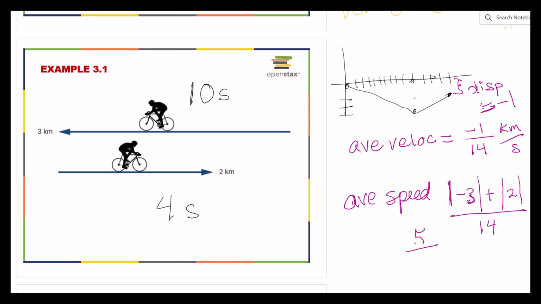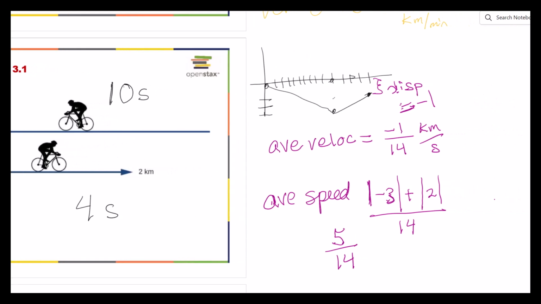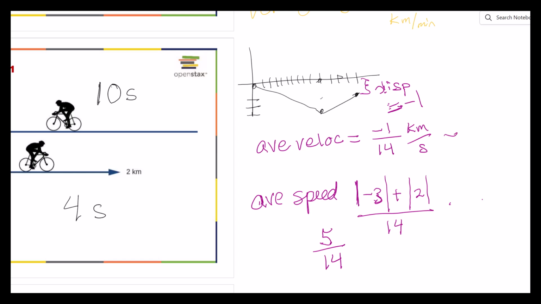So his average speed was 5 over 14. Let me do that math right quick so we can compare. This says he went about -0.07 kilometers per second.